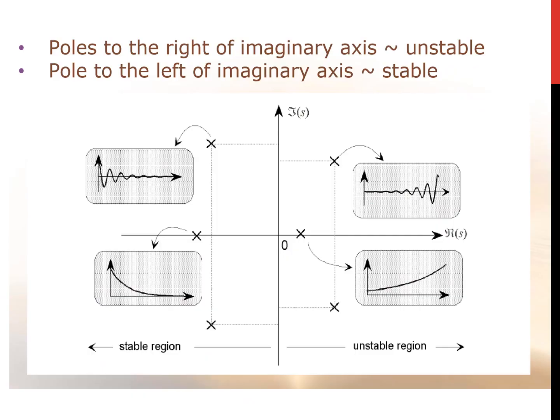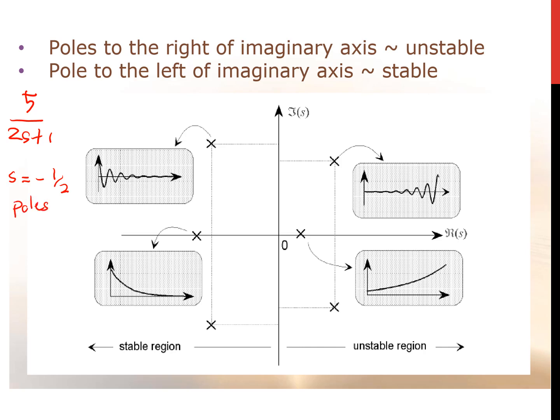So how do we use these zeros and poles to identify the stability? It is based on the root. For example, like the previous example, you have 5 over 2s plus 1. In this one, you don't have any zeros because you don't have s. But the poles, you have 2s plus 1, so s equal to negative 1 over 2. This is your pole, the root of the equation.